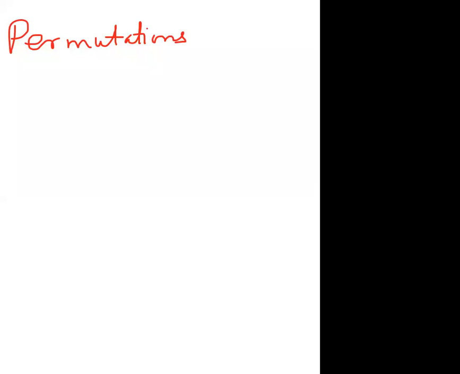The arrangement or rearrangement of things is known as permutation. Permutation means the arrangement, the rearrangement of the things. One very basic example I am giving you.